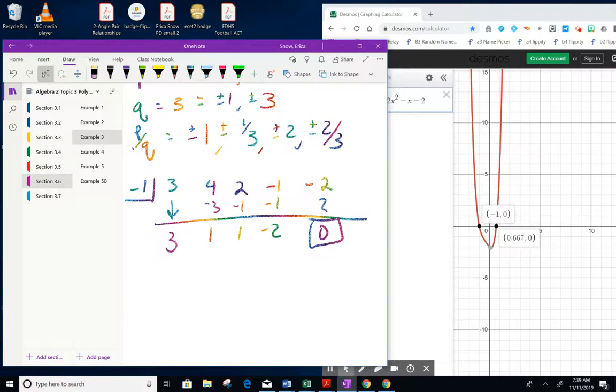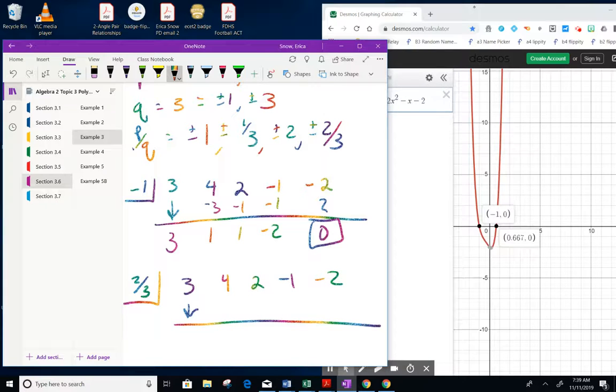And then all you do with your next root is we're going to do synthetic division with that next root as well. So we get 2, that's 6. 6 times 2/3 is 4. 3 times 2/3 is 2.